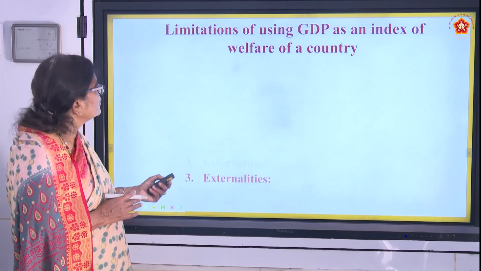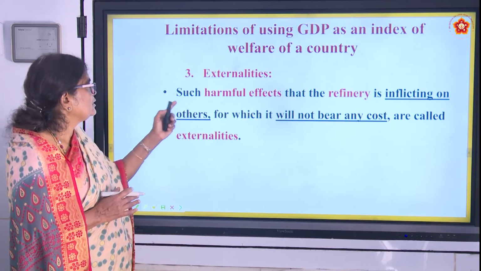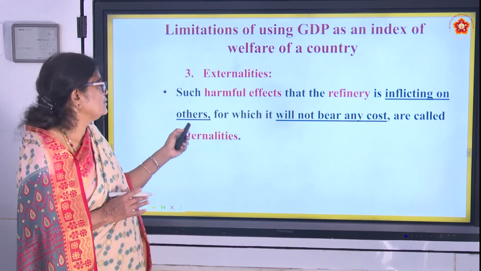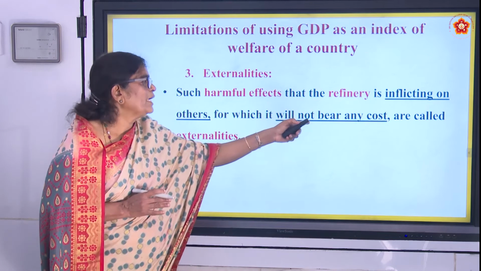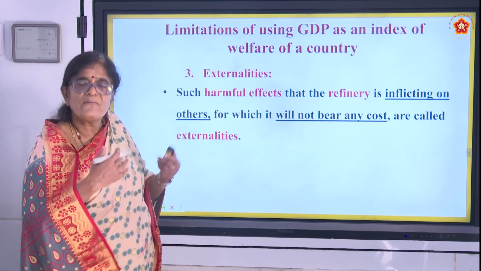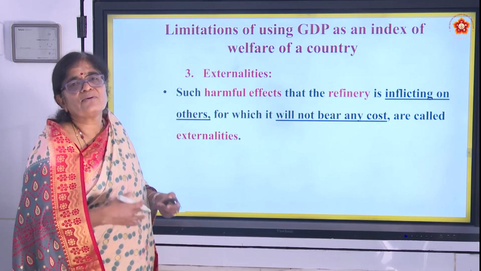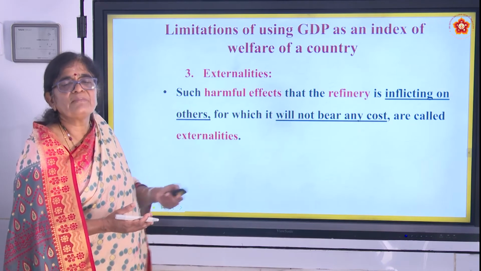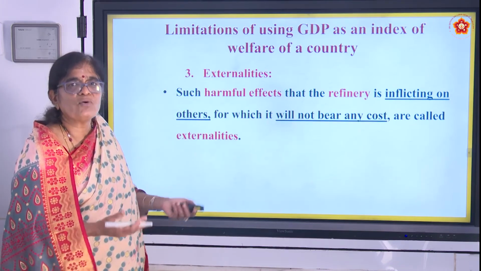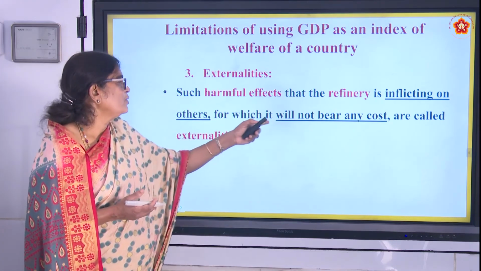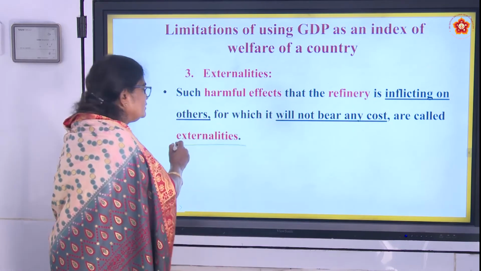Externalities are such harmful effects of the oil refinery inflicted on others, for which it will not bear any cost or take responsibility for the negative impact on the environment, the fishermen, the people, the organisms and aquatic animals. Such effects for which it will not bear any cost are called externalities.